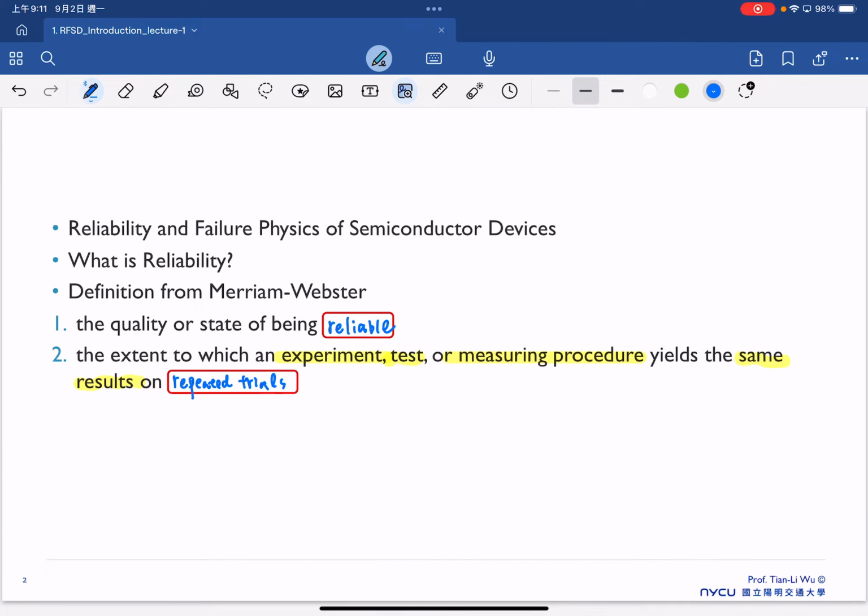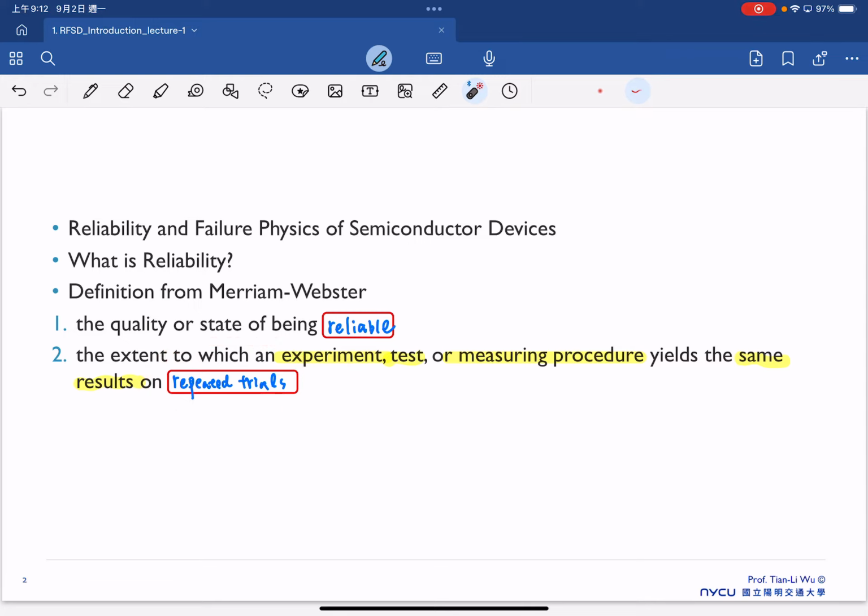Now we have to understand what repeated trials means. First, reliability means the status or quality of being reliable. Secondly, when we perform an experiment, test, or measurement procedure, we need to come up with the same results. That's most important. But one of the most important things is what we call the repeated trials here.